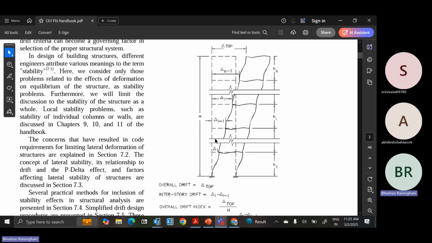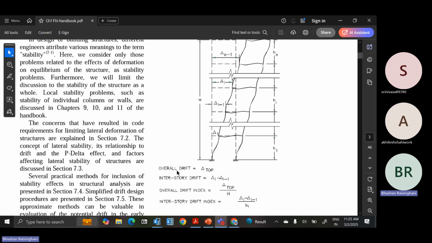And top is total delta. So the combination of the displacement at each floor is delta total. So you can say overall drift or the displacement is delta top. Story height is hi.